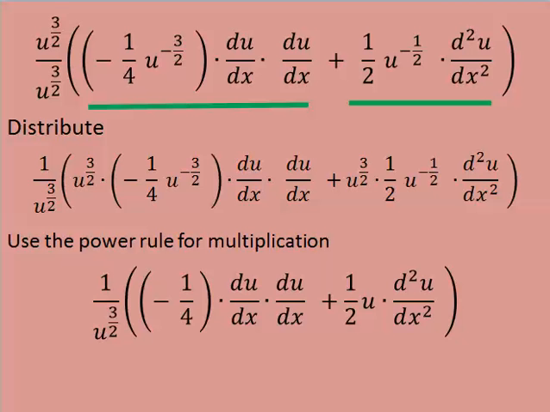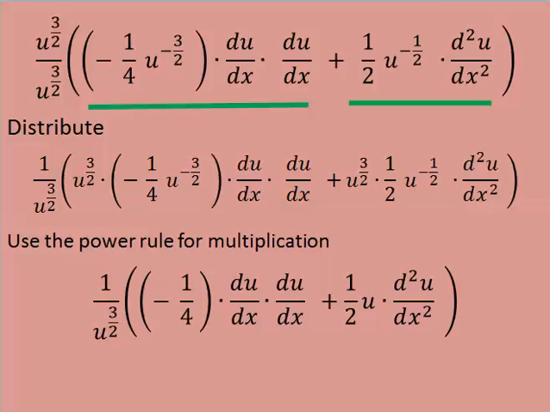One thing you need to keep in mind is, as ugly as it is, there are only two terms. And so when I distribute that u to the 3/2 that's in the numerator of my fraction into the parentheses, there's only two terms to distribute it to. So I distribute it to the first term and I distribute it to the second term. After you've done the distributing, for the first term, notice that you have u to the 3/2 and you have u to the negative 3/2.